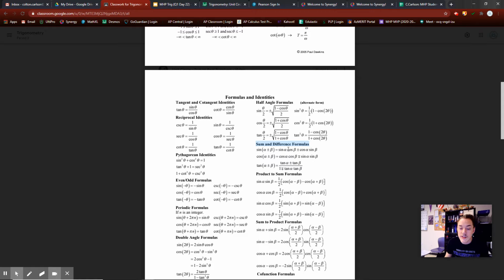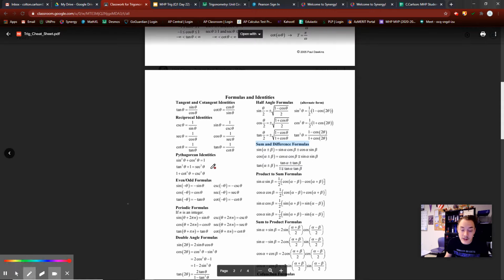Okay, so this one's probably a little bit easier for you to understand because it's so simple and so to the point. But notice it's plus or minus, and so you get plus or minus. So if you do plus, you're going to do plus. If you do minus, you're going to do minus. But here, notice cosine is plus, and then it's minus here first. So notice how this one's kind of put together, the 4 are put together.